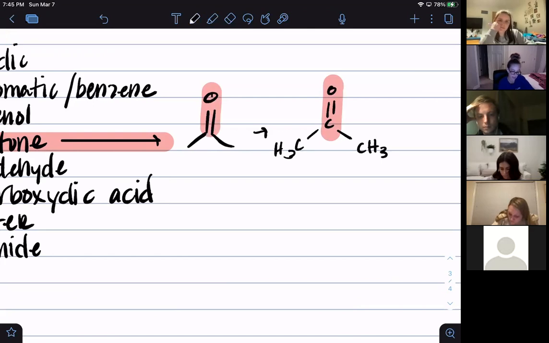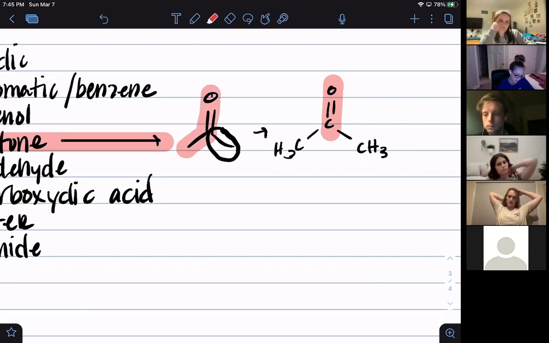Please don't forget that. This is what everything is based off of. The only thing that changes from other functional groups is what lies on this part. That little elbow will always be consistent for all the functional groups.